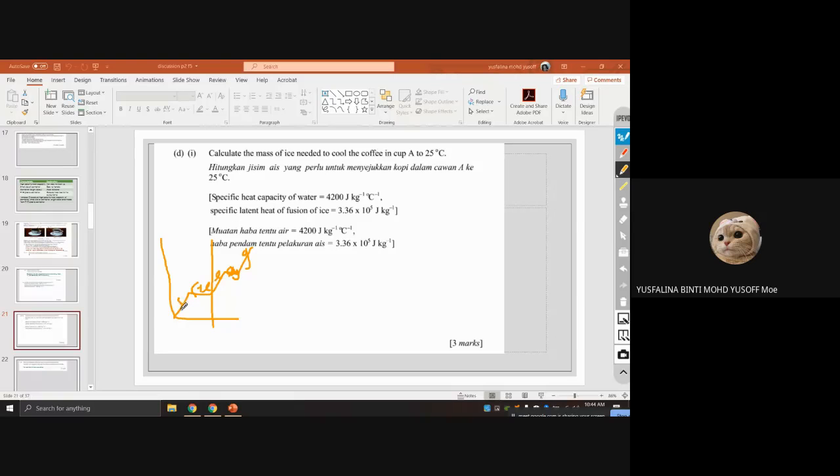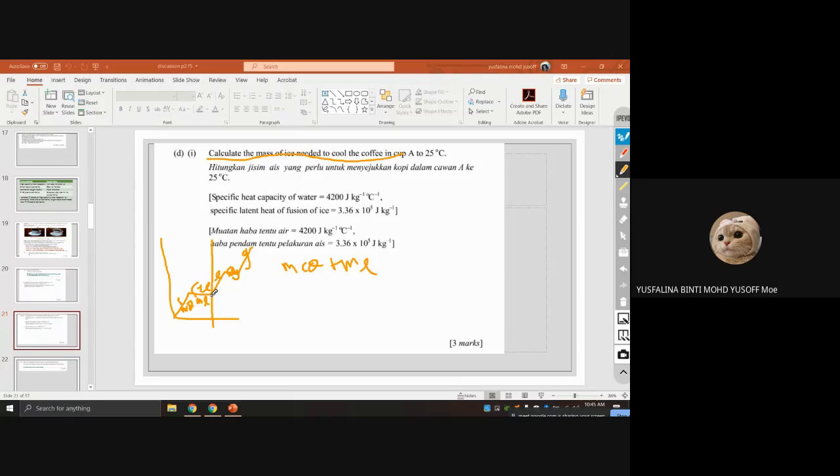So you have to use mc theta here. Remember, the formula for this part is mc theta, and the formula for this part is ml. Since you are asked to find the mass of ice, you don't know the m here. So we use the formula mc theta plus ml, because we need to know how much energy will be used until the ice totally melts.